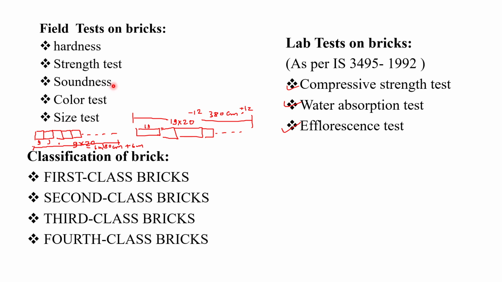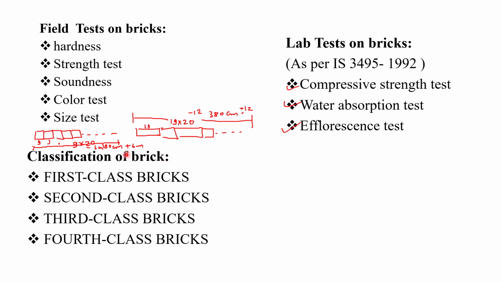Soundness means when we strike the bricks against each other, a clear ringing sound should be audible. Strength means when we drop a brick from 1 meter height, it should not break down. And hardness means when we make a scratch on the surface of the brick, it should not be visible, meaning there should not be any impression of a fingernail on the surface of the brick.